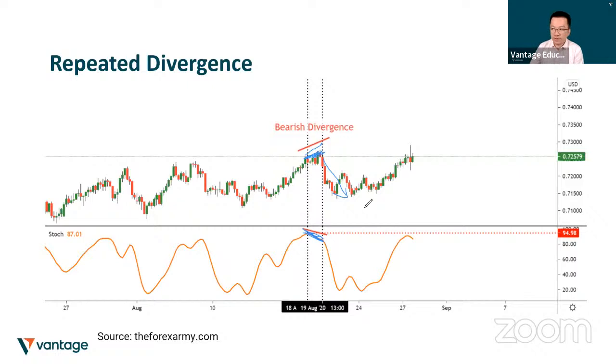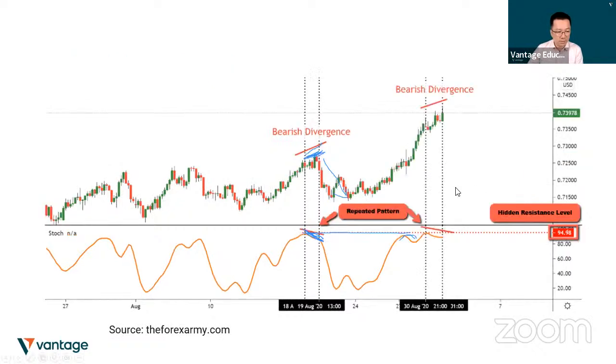Then one other thing to pay attention to is when you see that being formed, you see that turning over again. And then we end up having another bearish divergence, with price again forming another push towards the upside, but the stochastic again forming another downward move.